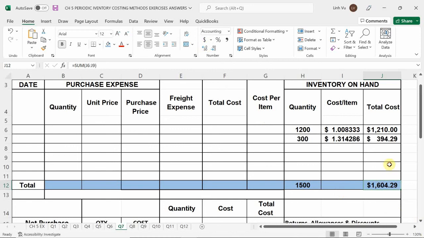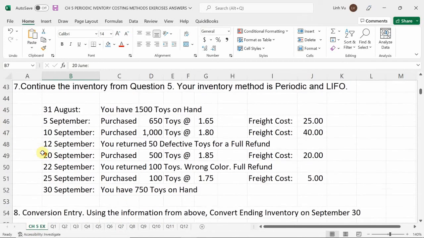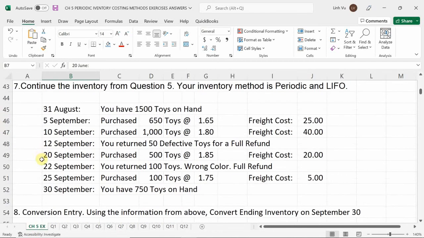Okay. So now we may begin our purchases. So here it tells us on September 5th that we end up purchasing 650 toys at $1.65 with a freight of 25.